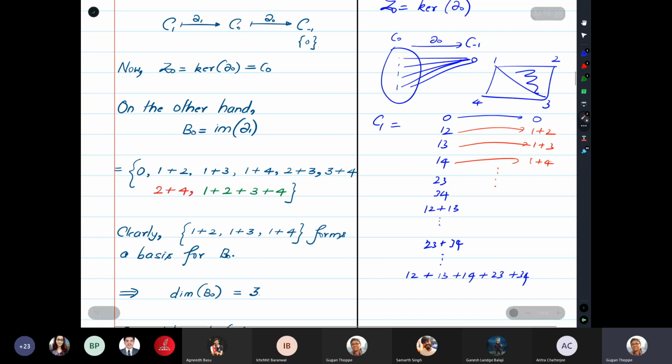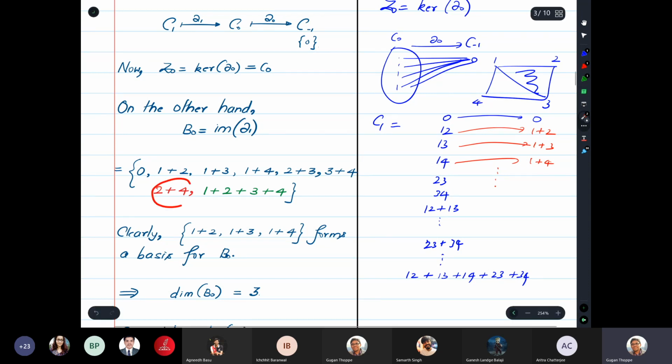Now I am claiming that in the image of ∂1 there is 2 plus 4 as well. This is a 0 chain, and it is special because in this simplicial complex we don't have an edge 24. So there is no single edge that gets mapped to 2 plus 4.